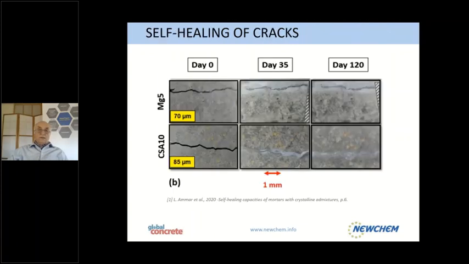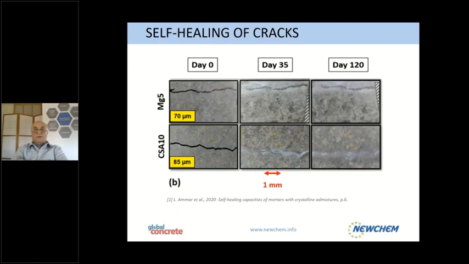crack. Now, Lina Amar, which is named here, has made a thesis at the University of Rennes with both calcium silicate, calcium sulfoaluminate cement 10% or magnesium oxide at 5%.